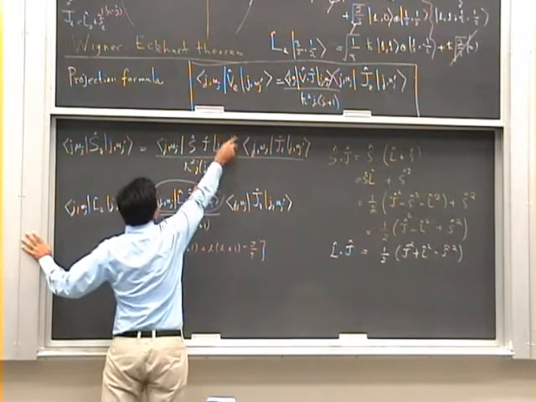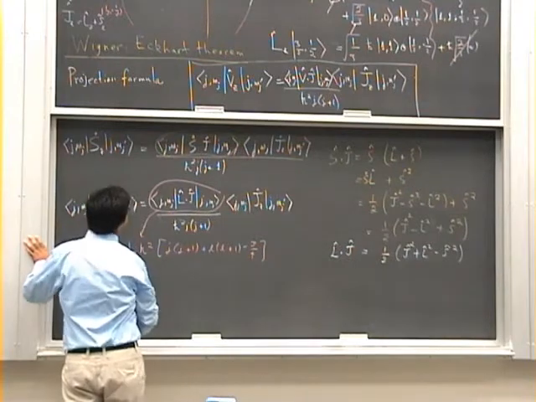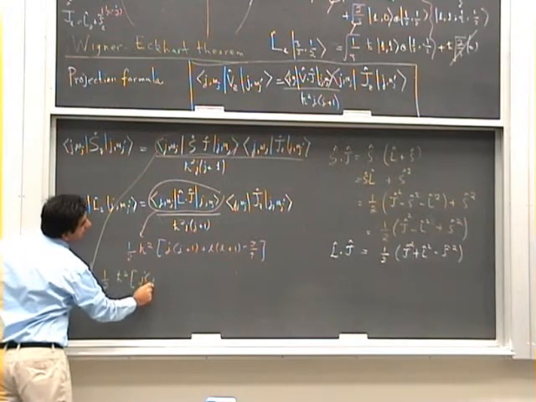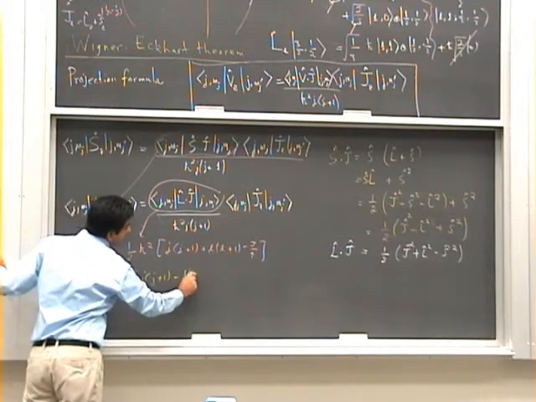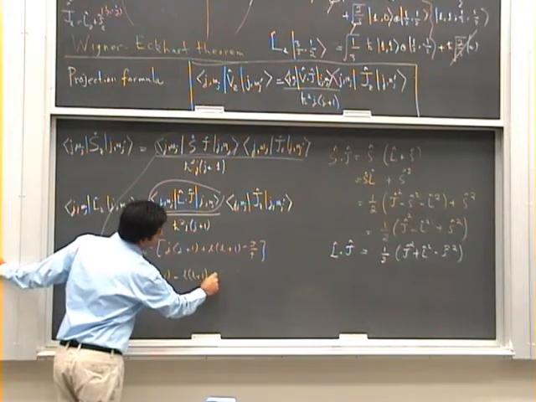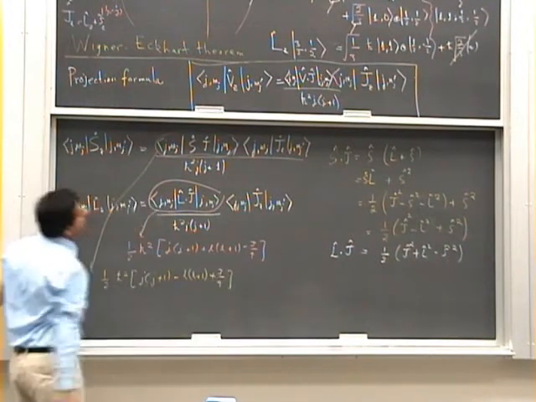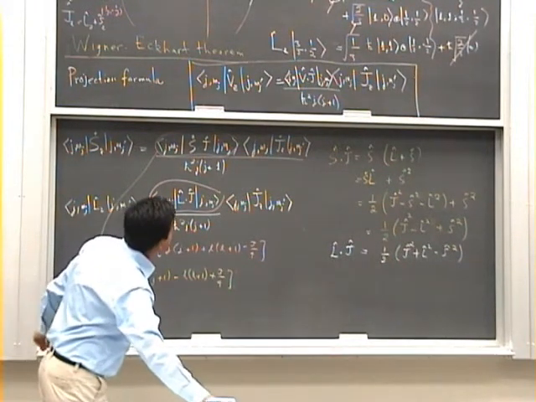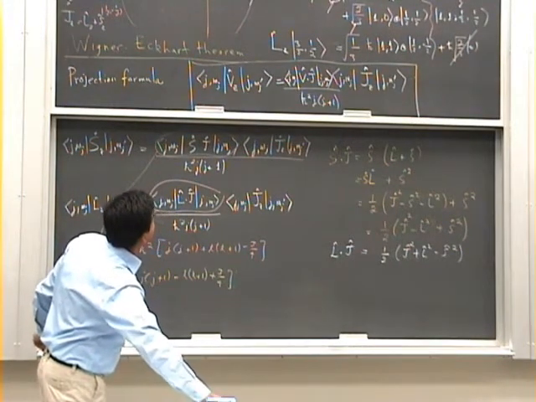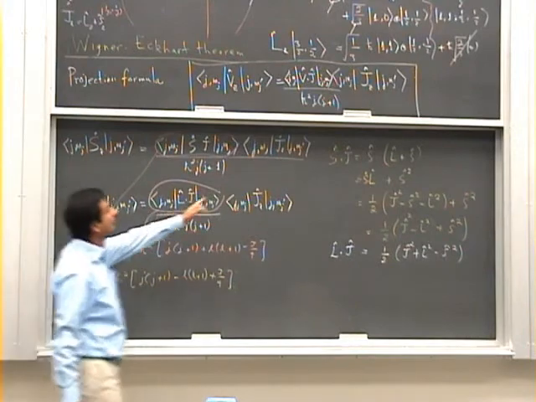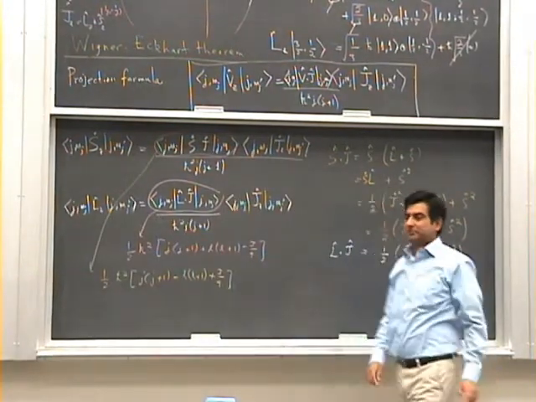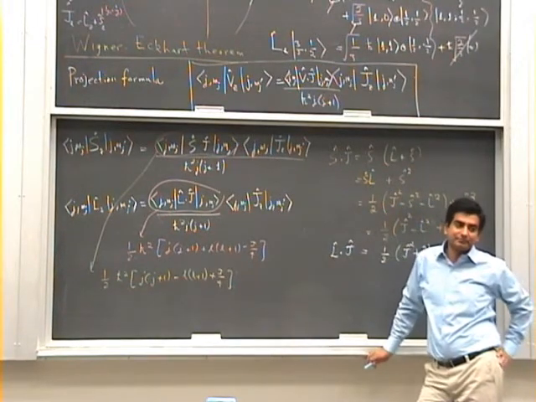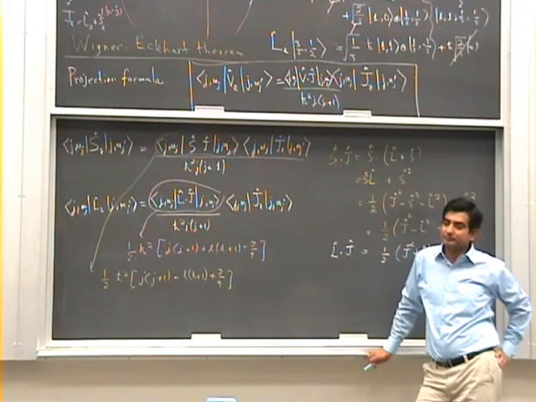This value here is simply equal to half ħ² [J(J+1) − L(L+1) + 3/4]. Okay. Now this is non-zero only when mj equals mj dash. Would it be a delta function?